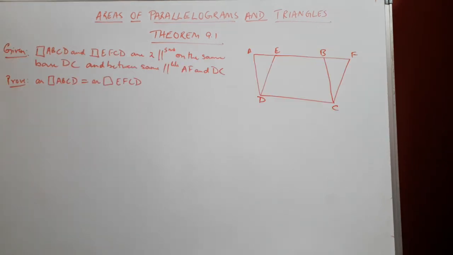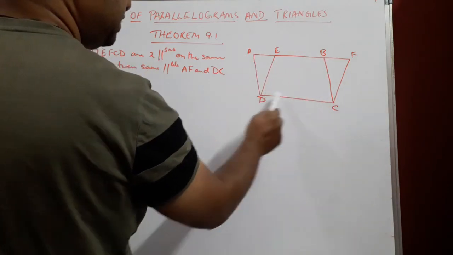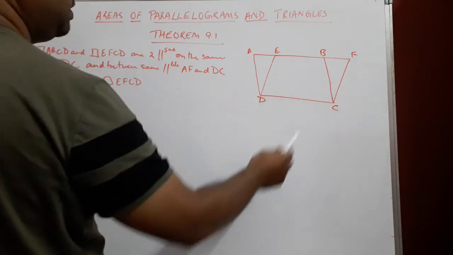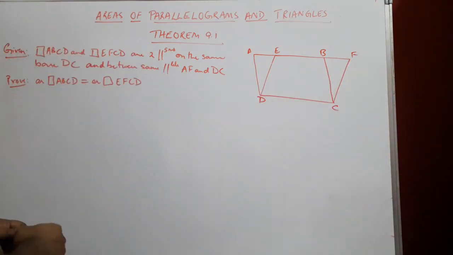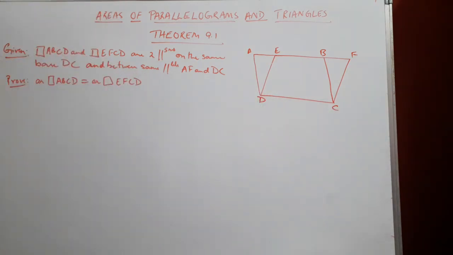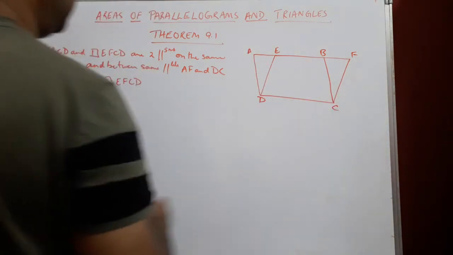So we have been given quadrilateral ABCD and quadrilateral EFCD. These are two parallelograms on the same base DC, and they lie between the same parallels AF and DC.